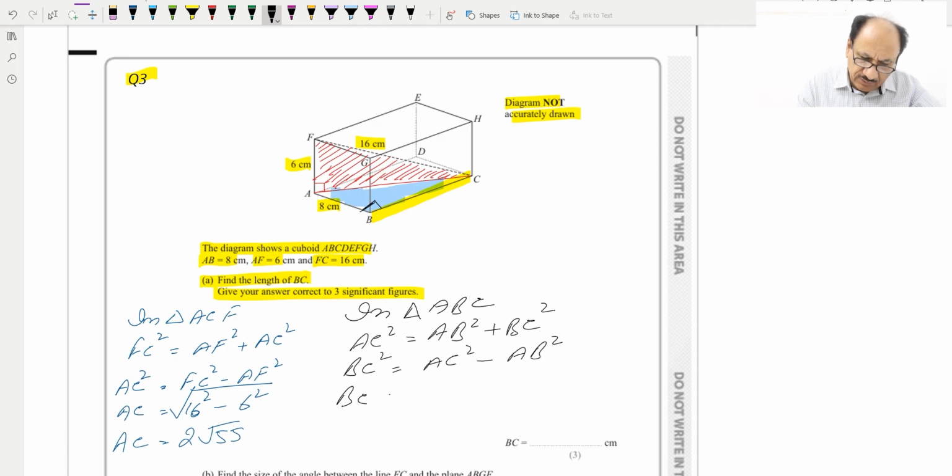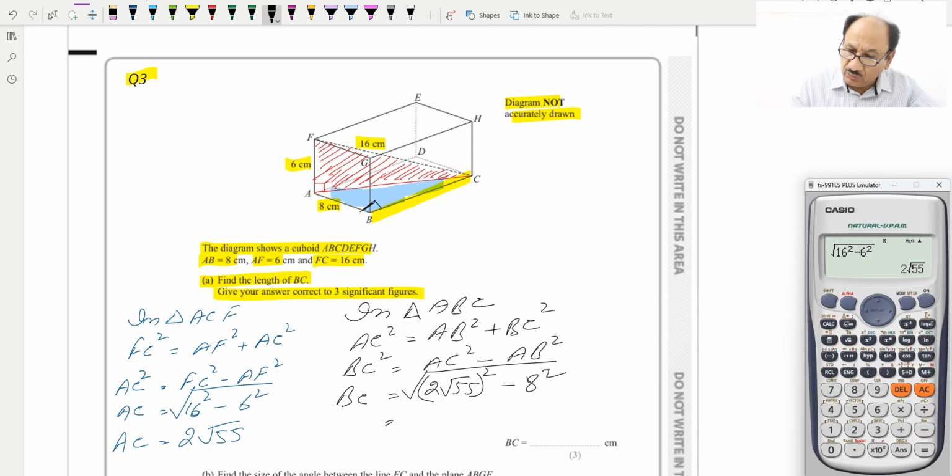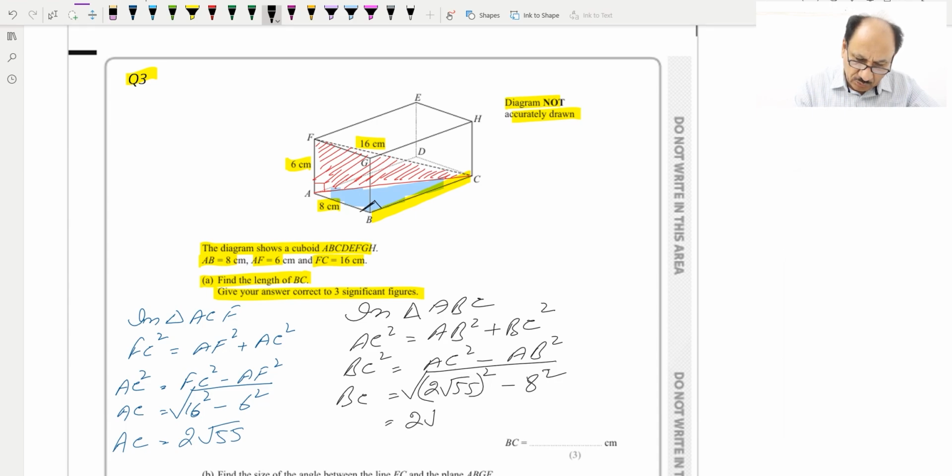So BC will be equal to the root of AC, which we just found, 2 under root 55, squared, minus AB, which is 8, so 8 square, and we take the square root because we removed BC square. So we write square root of (2 root 55) squared minus 8 square, and this gives us 2 under root 39, 2 root 39.